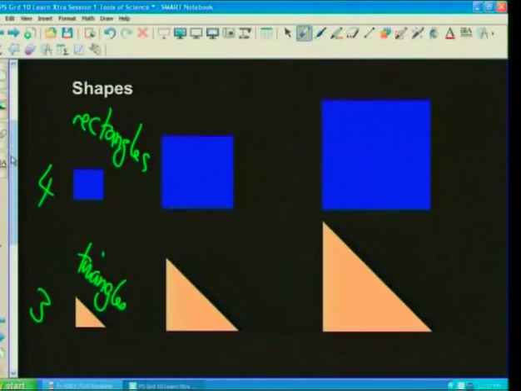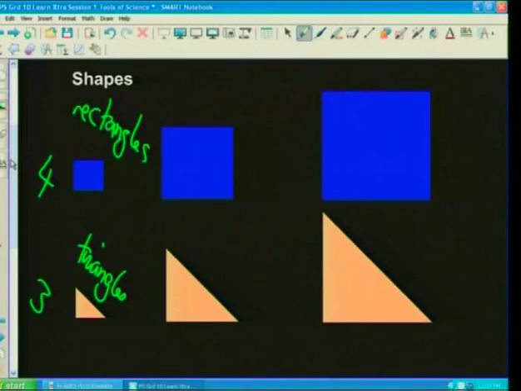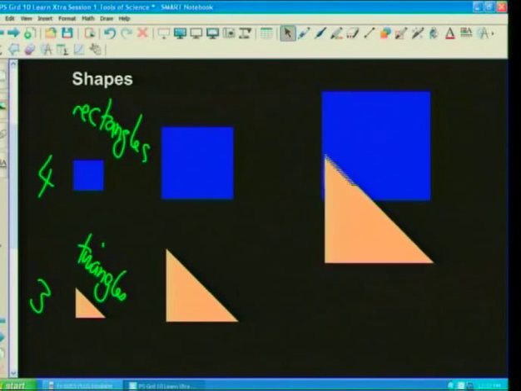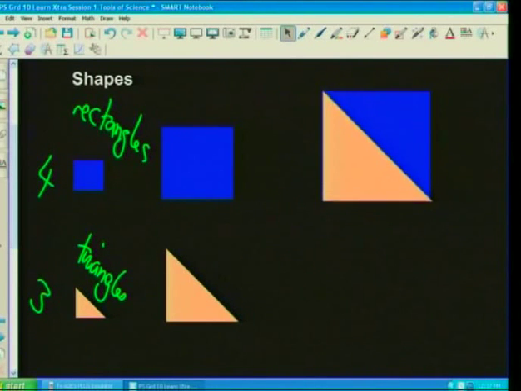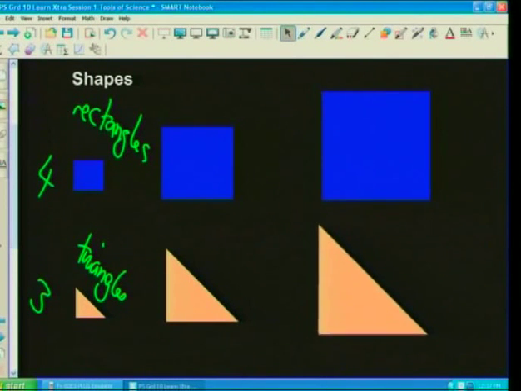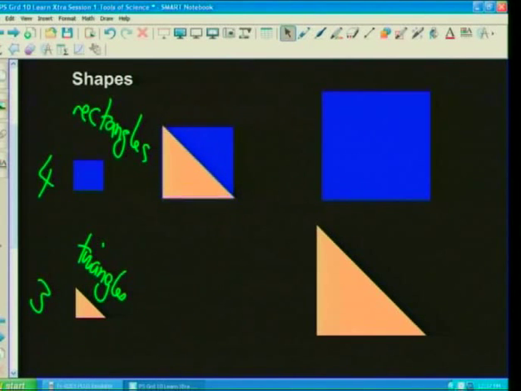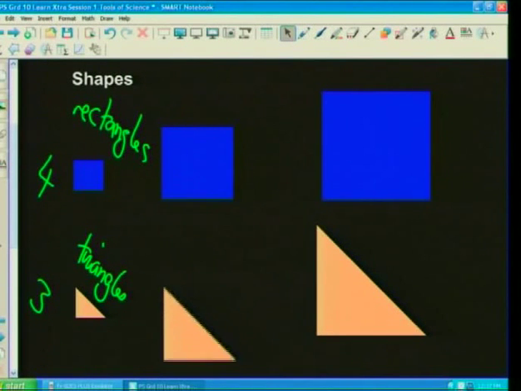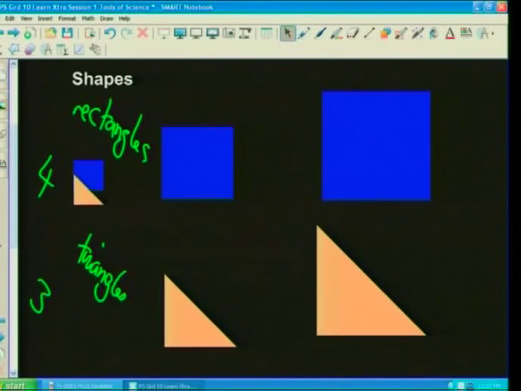But now what about size? Notice the rectangles and the triangles. The bottom side here is the same length. That bottom side is the same length. If I can pick it up, I'll prove that to you. That one is the same length, and this one is the same length.